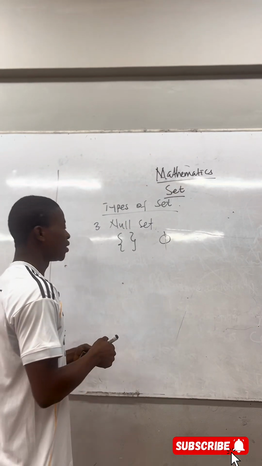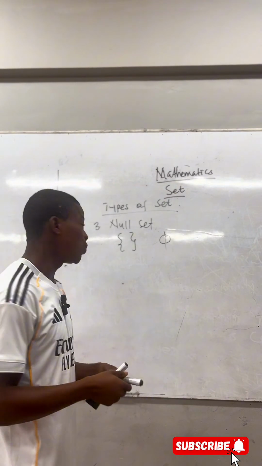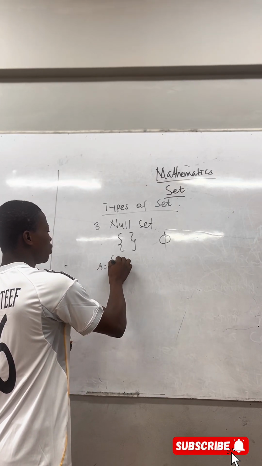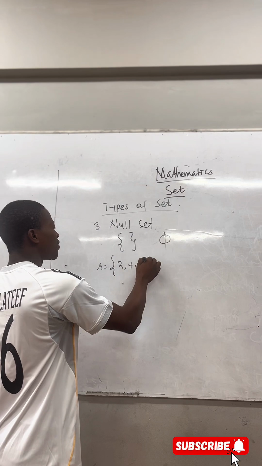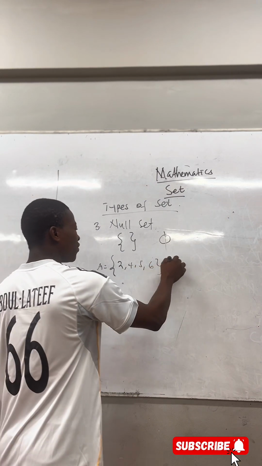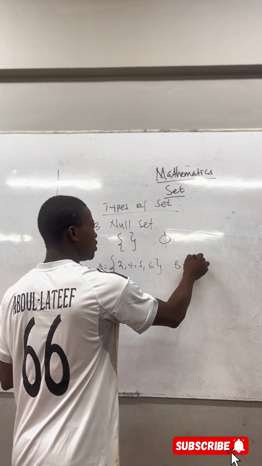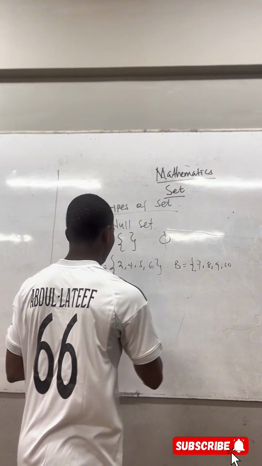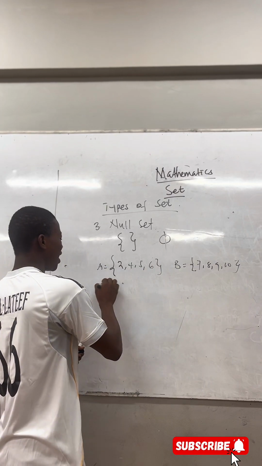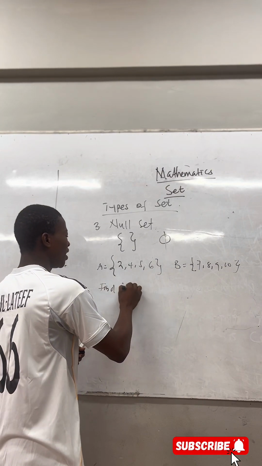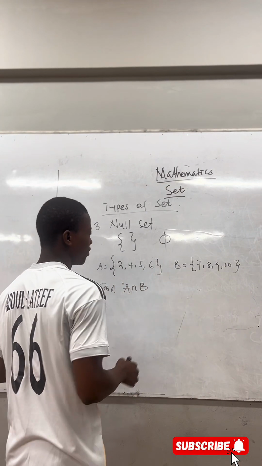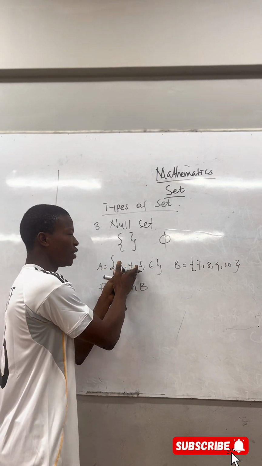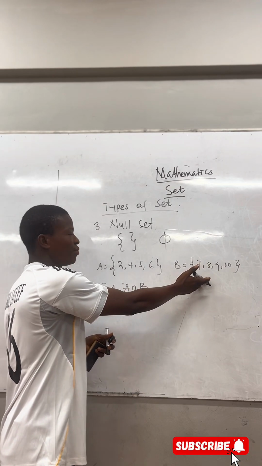For instance, when we come to intersection and union, we get to know that better. If we have A equal to 2, 4, 5, 6, and B equal to 7, 8, 9, 10, and they tell us to find A intersection B, finding A intersection B means the numbers that are found in both.